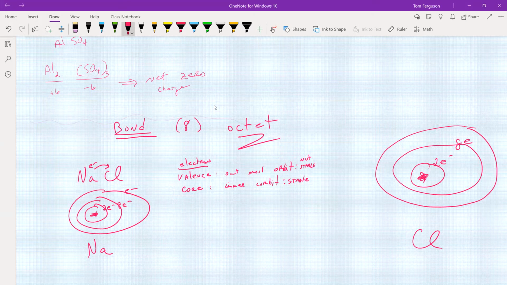Okay, so that's what chlorine looks like. How many electrons are in the outermost valence orbital? Well, we've got 2 here, core, 8 there, core. 8 and 2 is what? 10. So neutral chlorine is going to have how many in the outermost orbital? 7.